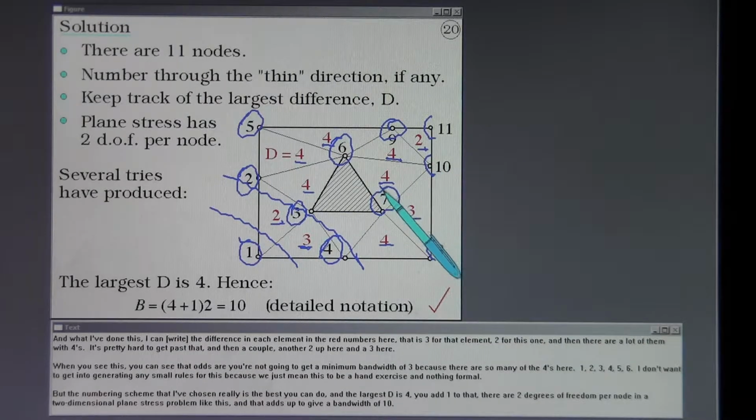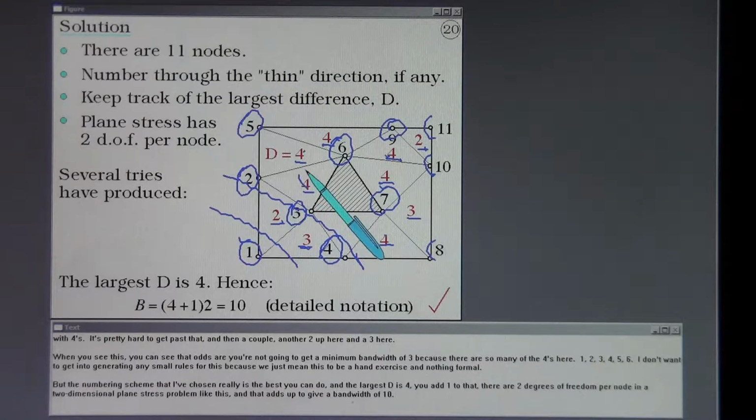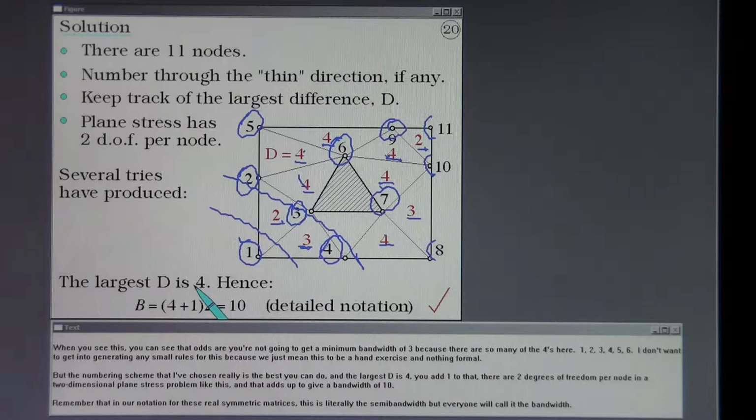When you see this, you can see the odds are you're not going to get a minimum bandwidth of 3 because there are so many of the 4s here. 1, 2, 3, 4, 5, 6. I don't want to get into generating any small rules for this because we just mean this to be a hand exercise and nothing formal. But the numbering scheme that I've chosen really is the best you can do, and the largest D is 4.